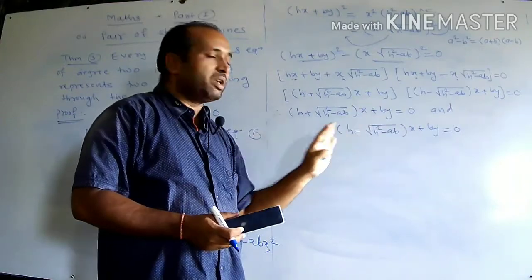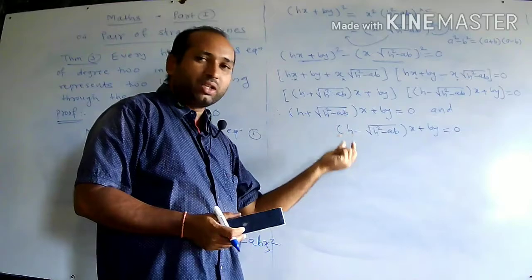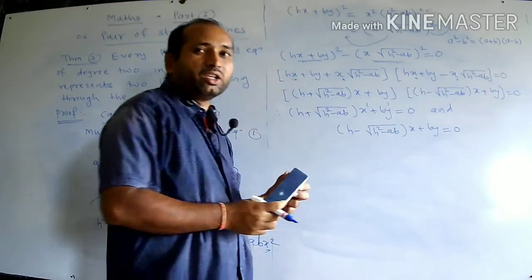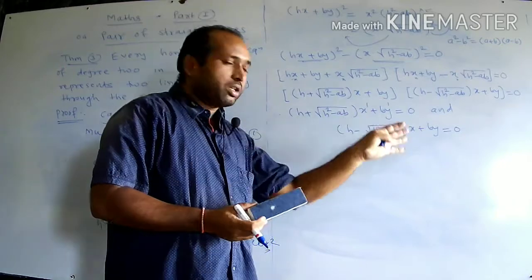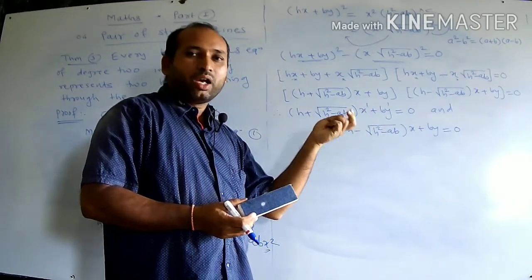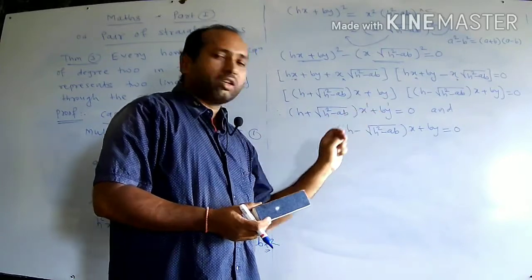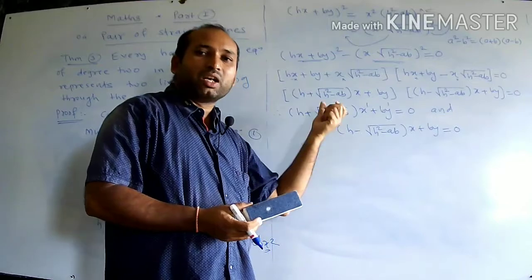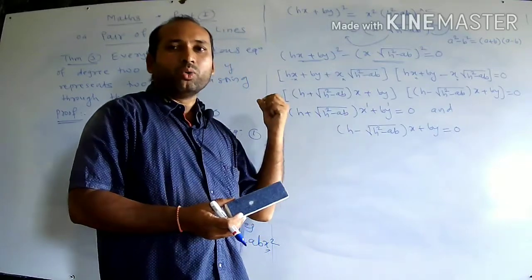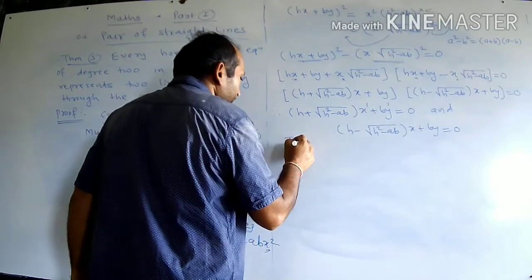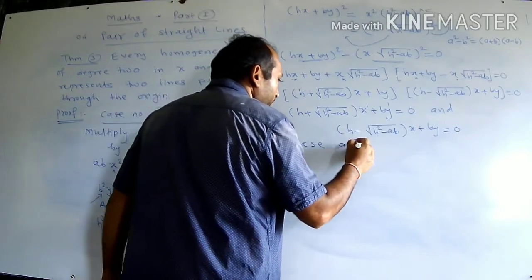Again observe these two equations carefully. Here the constant term is absent, two variables are present. That means these are linear equations, because powers are not given means powers are 1, degree is 1. And constant terms are absent. That means these are linear equations, and these linear equations represent two lines. Constant terms are absent. That means the lines are passing through the origin. So this is the required answer.